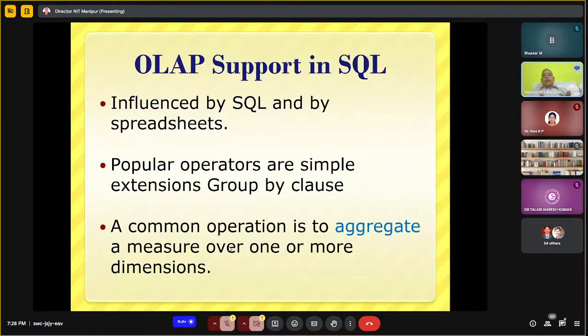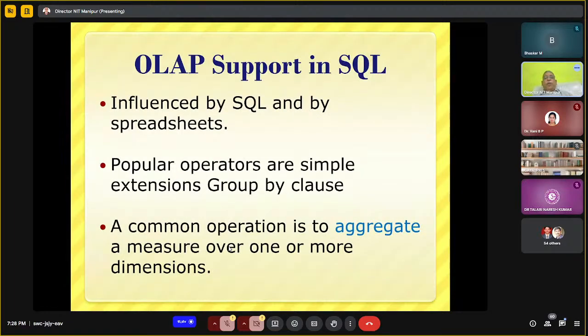So scalability and computation power are both tightly integrated in OLAP. It means the power of SQL is borrowed and the power of spreadsheet is borrowed, and then stitched together in the OLAP system. That's why the OLAP system is highly influenced by SQL and by spreadsheets.